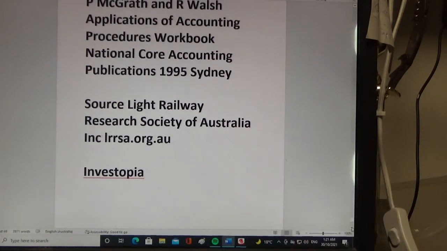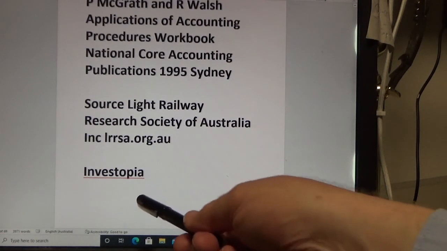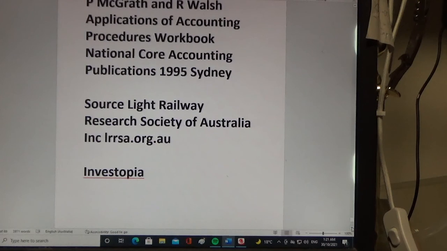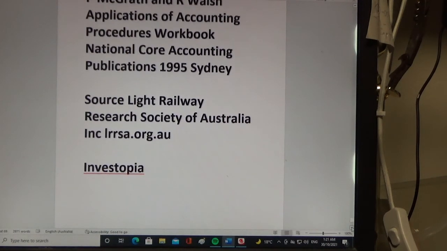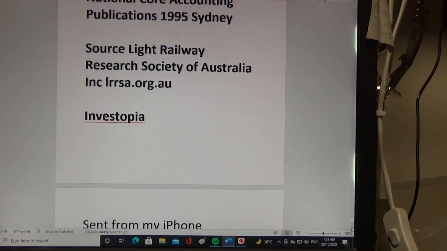I found that really interesting. I doubt you'll look that up. I just put it in context of one of the ratios. It was the one about capital intensive and labour intensive production processes, and you get those in economics as well. And Investopedia wasn't too bad. I got clarification on a couple of things there.